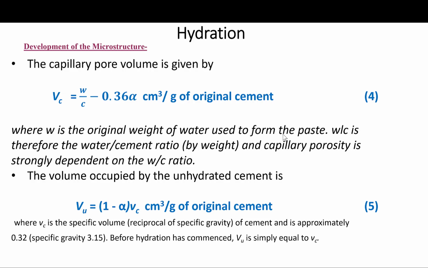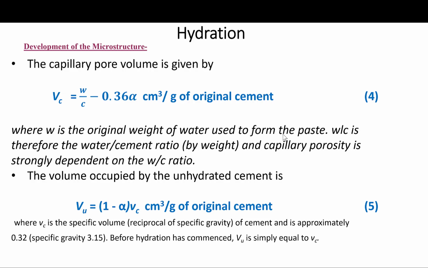Okay, so the volume occupied by the unhydrated cement is equal to 1 minus alpha times small v sub c, cubic centimeter per gram of original cement. The small v sub c is the specific volume, which is the reciprocal of specific gravity of cement, and it is approximately 0.32, knowing that the specific gravity of cement is 3.15.